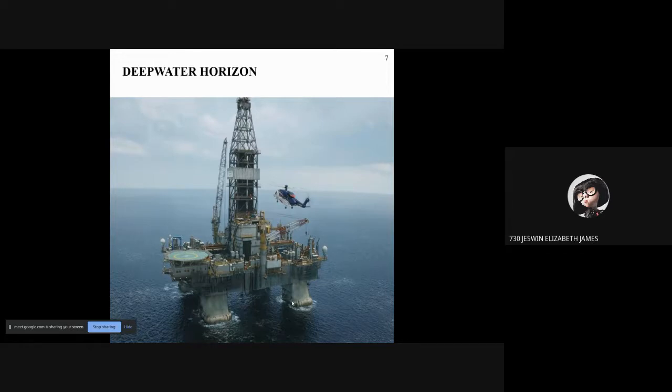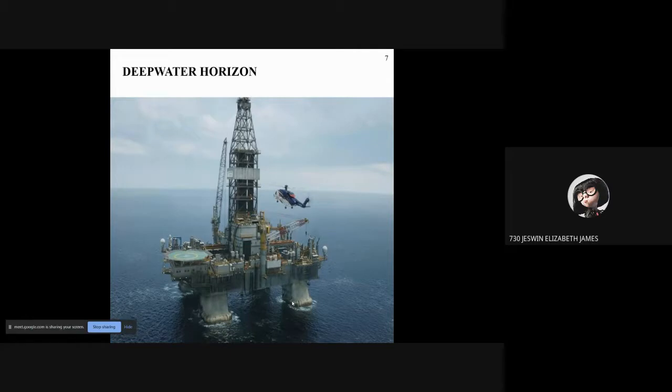So here in Deepwater Horizon, the oil rig was owned by Transocean, like I said. So what Transocean did was lease this platform to another company which is known as British Petroleum. British Petroleum is commonly called BP. Now throughout the presentation, I will just say BP. It actually means British Petroleum.